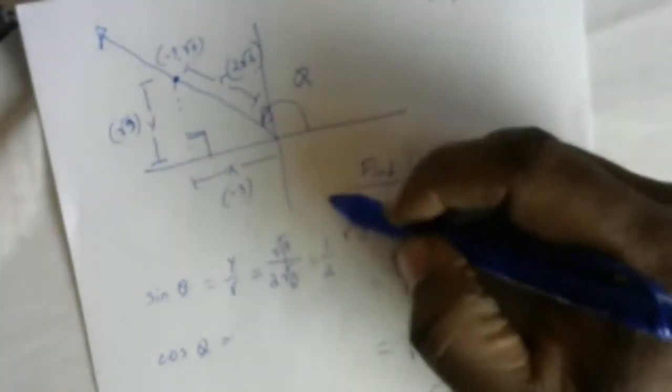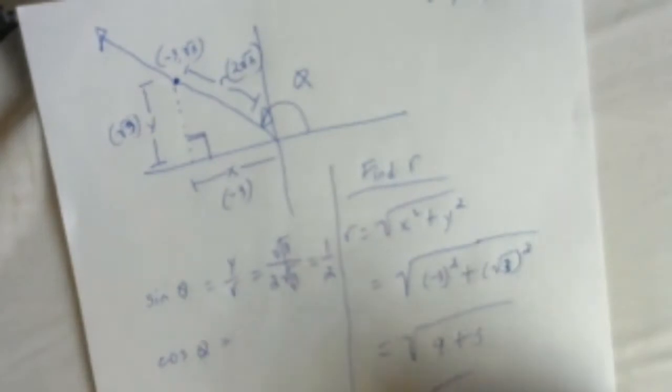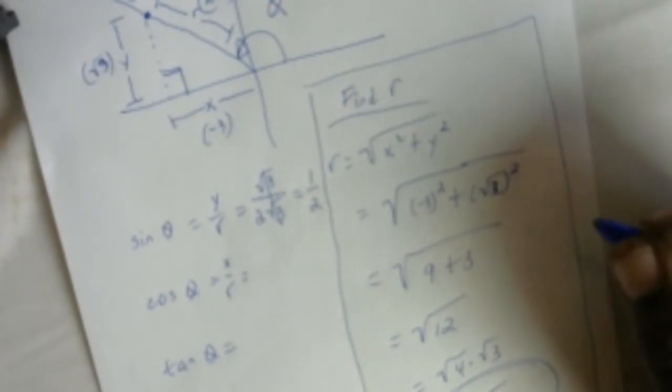The square root of 3 is canceled, so I have 1/2. In order to find the cosine, the cosine is x over r. I'm going to take x, which is -3, and divide that by 2 square root of 3.